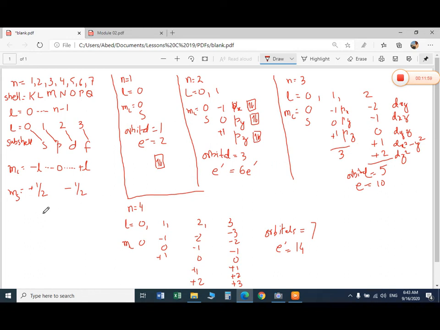So what is the next summary we have? There's some detail about this L. Let me elaborate on this angular momentum quantum number again to write the number of orbitals and electrons in a table here. So again we see L can be equal to 0, 1, 2 or 3.